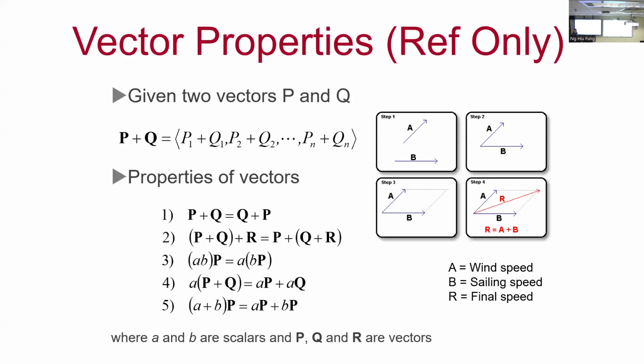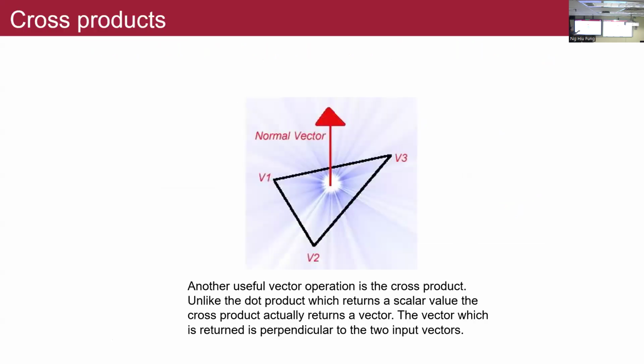The most important thing we want to know about vector calculation is the cross product and dot product. Cross product and dot product are the most important things for calculating lighting. Why do 3D graphics look so good? Because we have lots of lighting calculation, and how to calculate the lighting comes from the vector, cross product, and dot product.